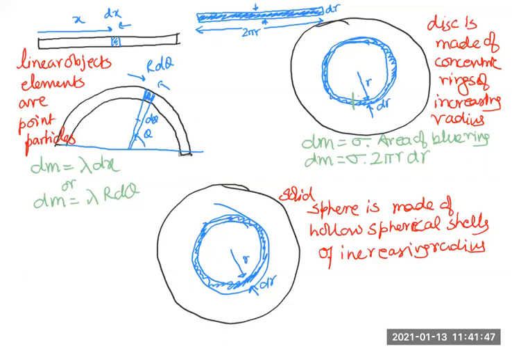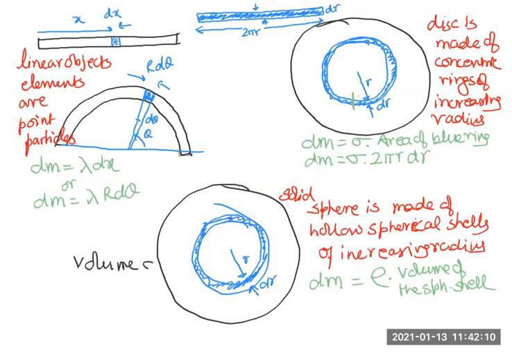And for a solid sphere, we are going to get dm is equal to rho into the volume of the spherical shell. I'll tell you how to find the volume of the spherical shell.